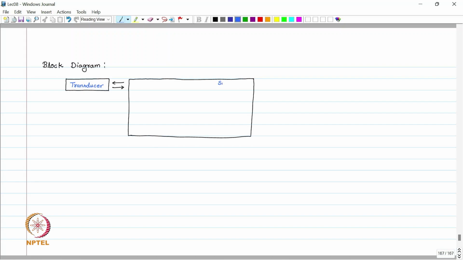This is the signal conditioning unit. This has multiple parts. For example, one function of this signal conditioning unit is to provide excitation to the transducer.